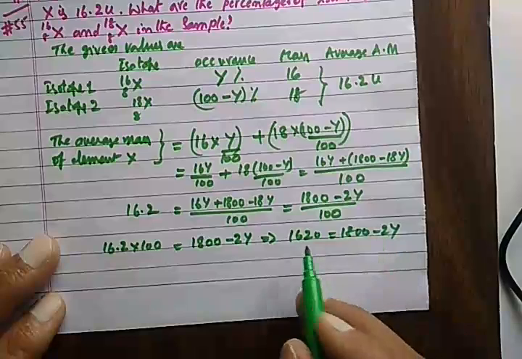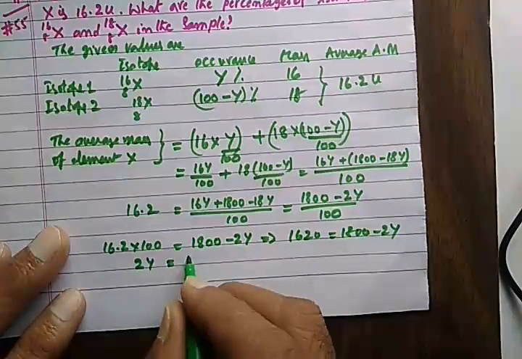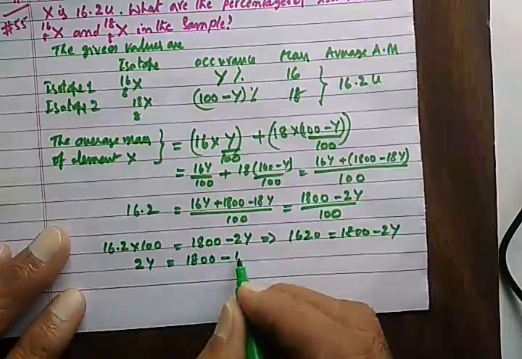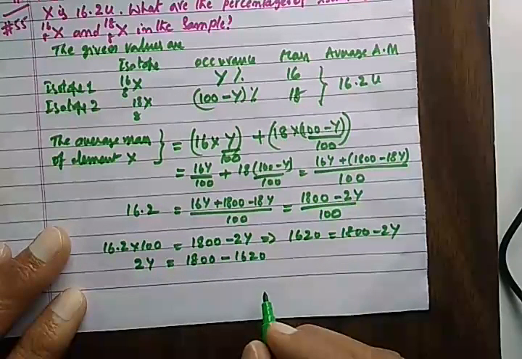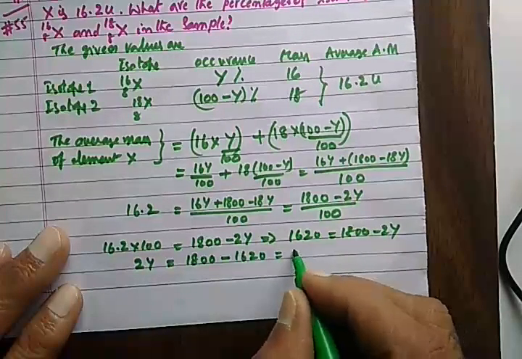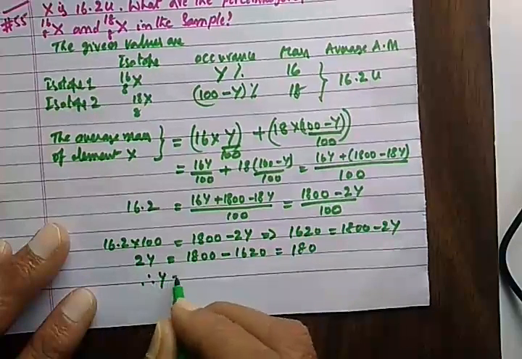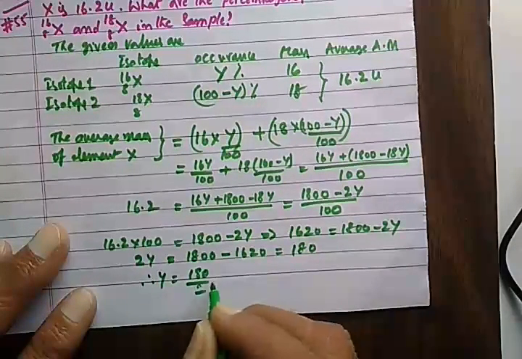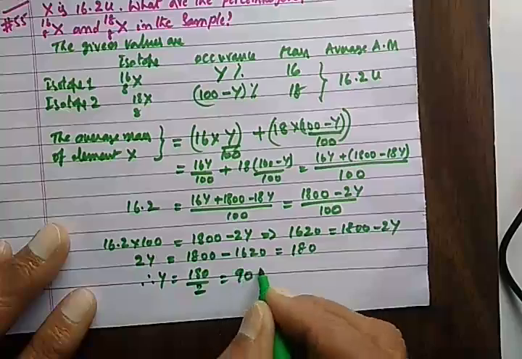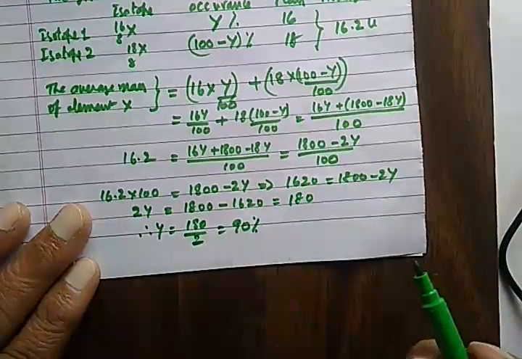Now 2y I will bring here, this I will take to that side. So 2y is equal to 1800 minus 1620. So this will be how much? 180, correct? So therefore y is equal to 180 by 2 is equal to 90%.